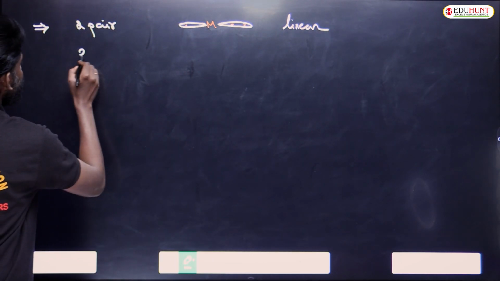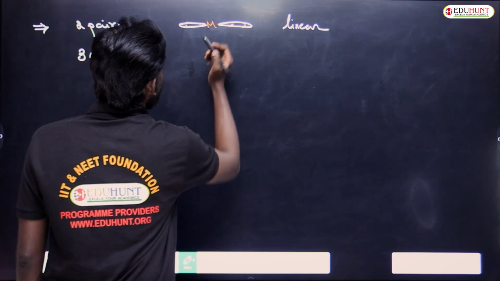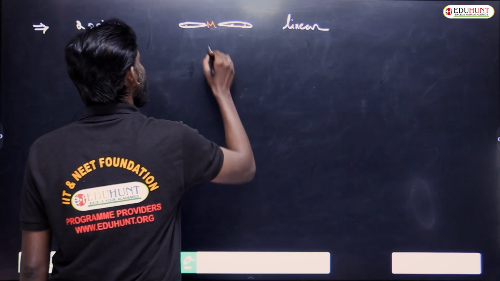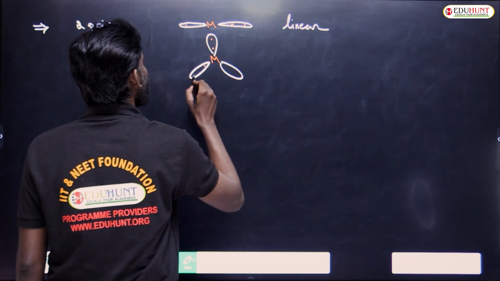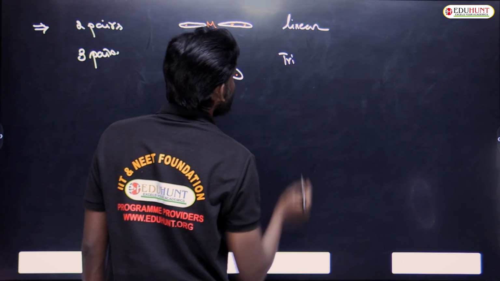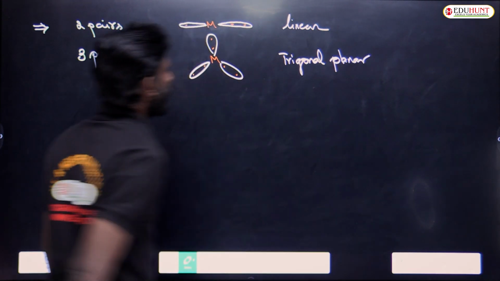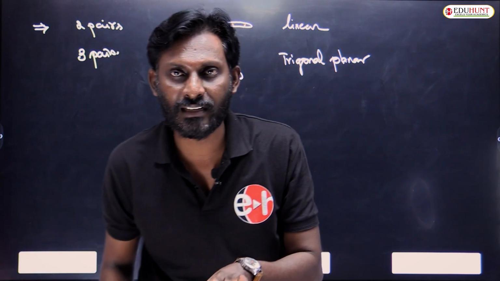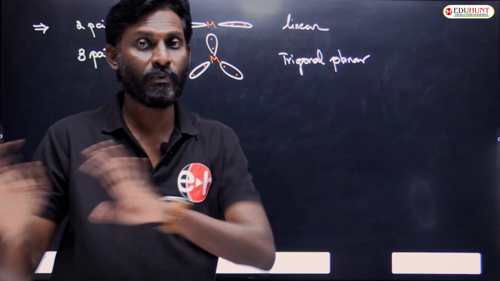And when there are 3 pairs, the geometry which gives minimum repulsions is trigonal planar. Okay, like this. If you know the number of electron pairs around the central atom, with those electron pairs you can predict the geometry. That's what was given by Sidgwick and Powell.